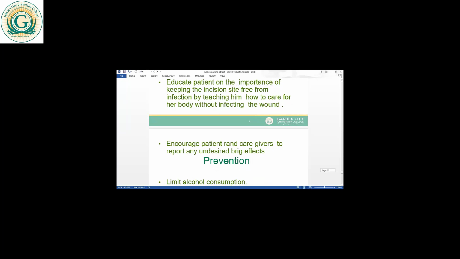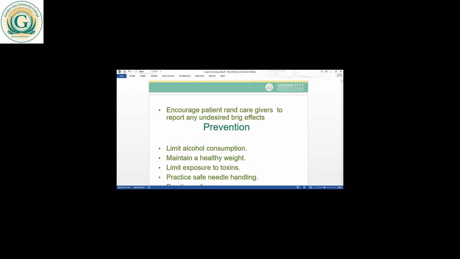We encourage patients and caregivers to report any undesired side effects. The preventions of liver cancers are as follows.